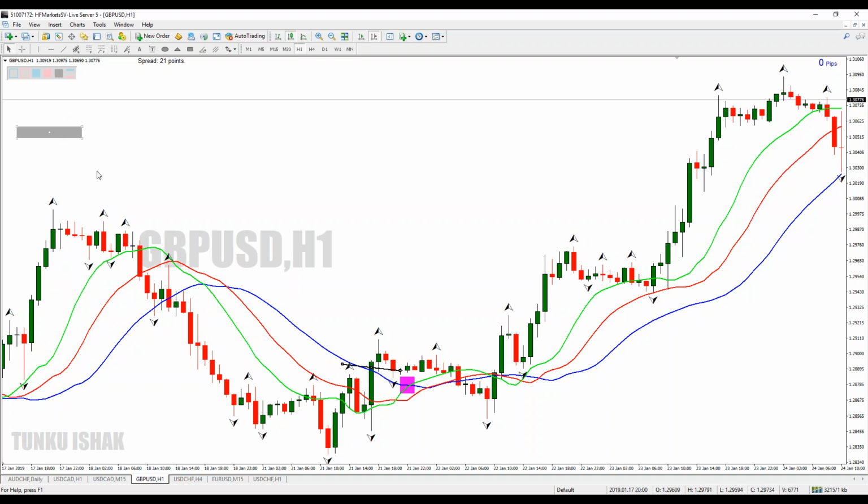So di sinilah lebih kurang. Ini fractal dia. Price breaks the fractal and gives us an opportunity to enter. Okay, around here. So what happened?